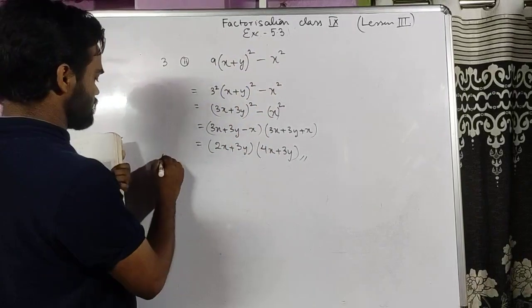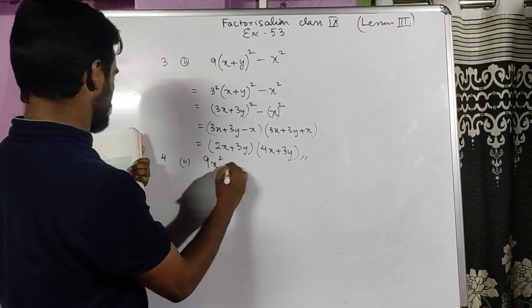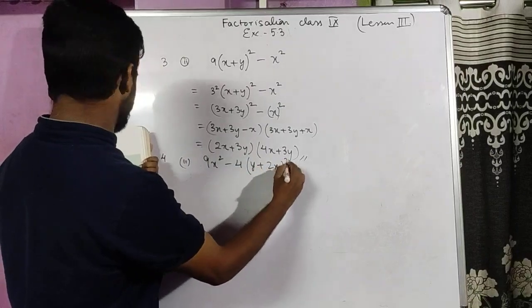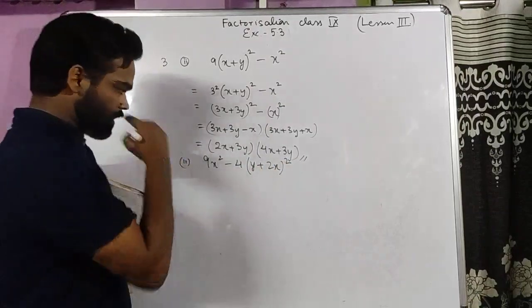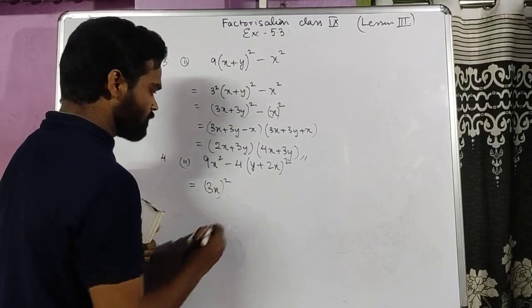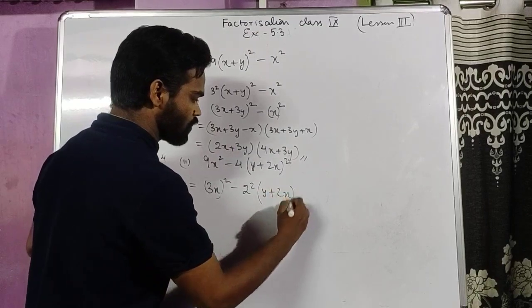Now we'll look at 4 part 2, which is 9x square minus 4 times y plus 2x whole square. Now look carefully. Can I write this as 3x whole square and this as 2 square y plus 2x whole square?